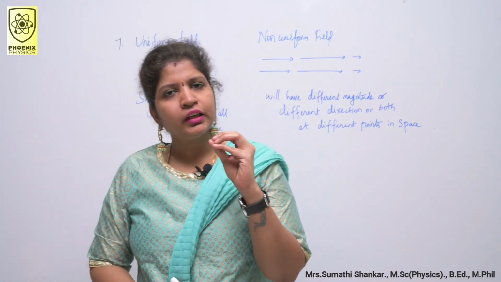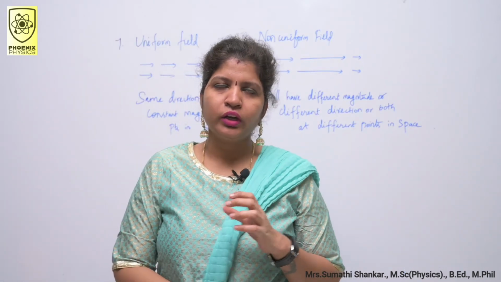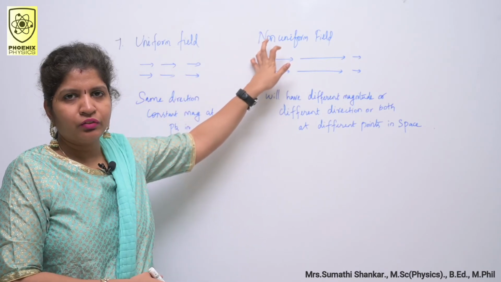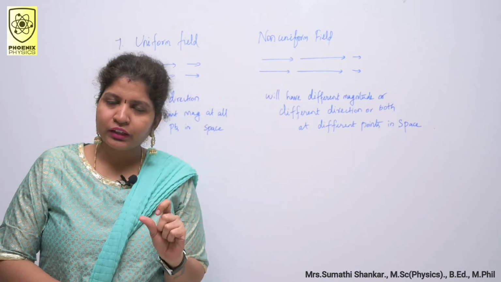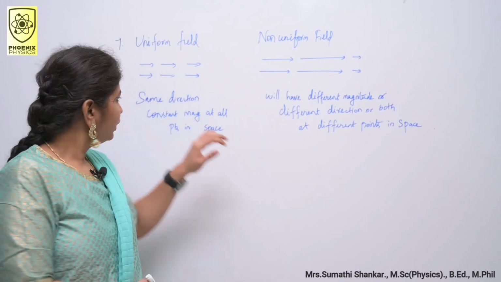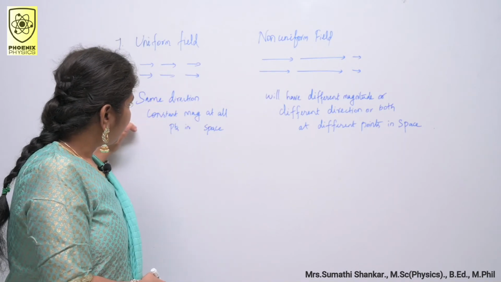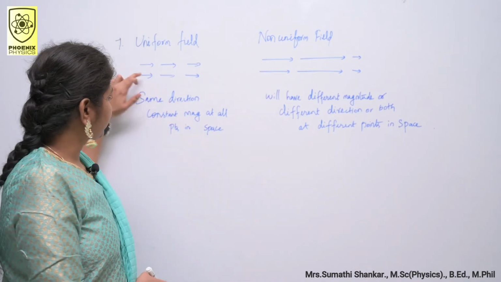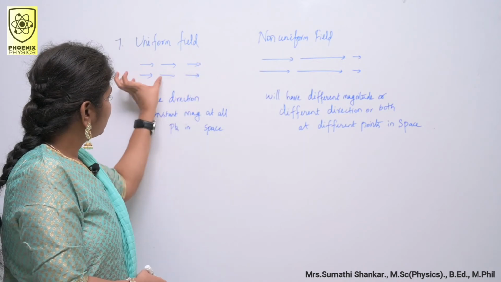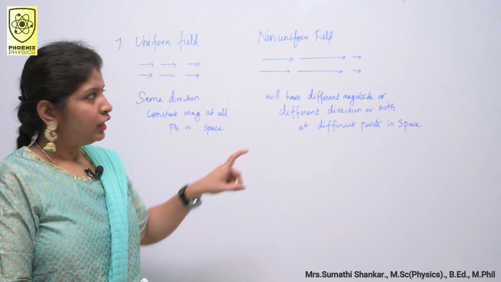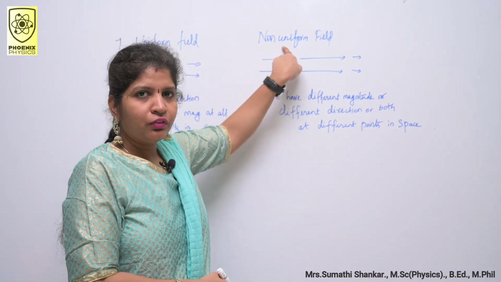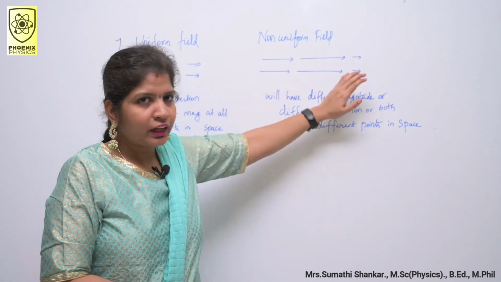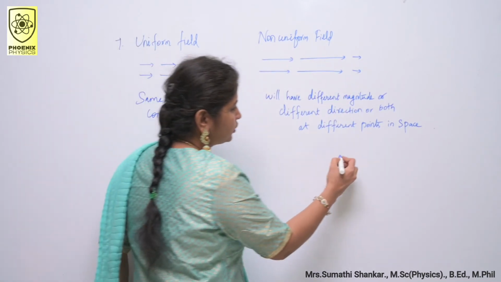There are two types of electric field. One is uniform electric field, another one is non-uniform electric field. If it is a uniform electric field, we have the same direction and constant magnitude at all points in space, like this. Same direction, constant magnitude. If it is a non-uniform electric field, it has different magnitude or different direction. Different direction means like this.